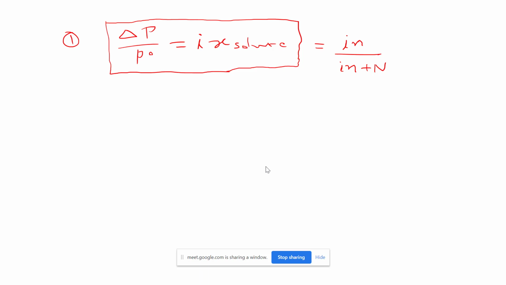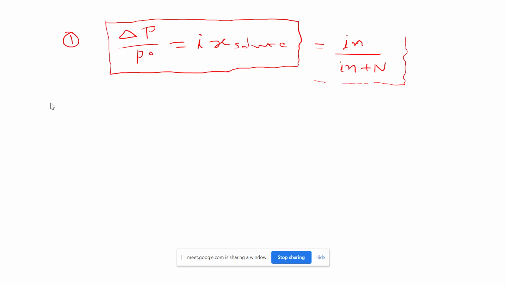Got it? In this formula when we write X solute, i comes only once, but when we put the value of X solute, then i must come with the moles of solute wherever n appears. Got it? This is a common mistake many students make in exams, so do remember i comes on both sides here, numerator and denominator.